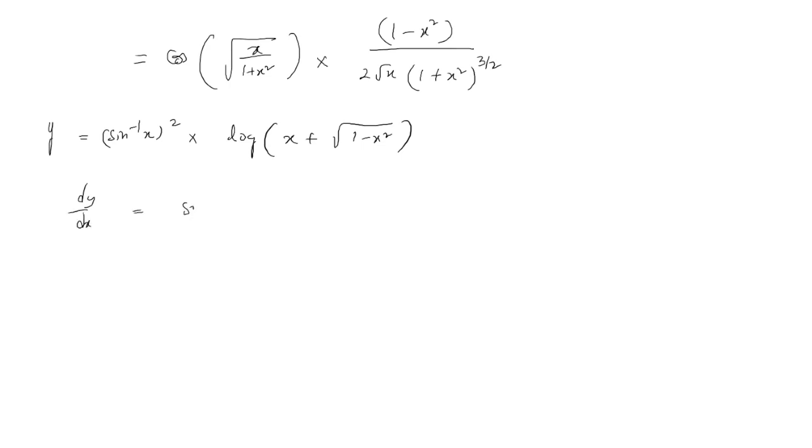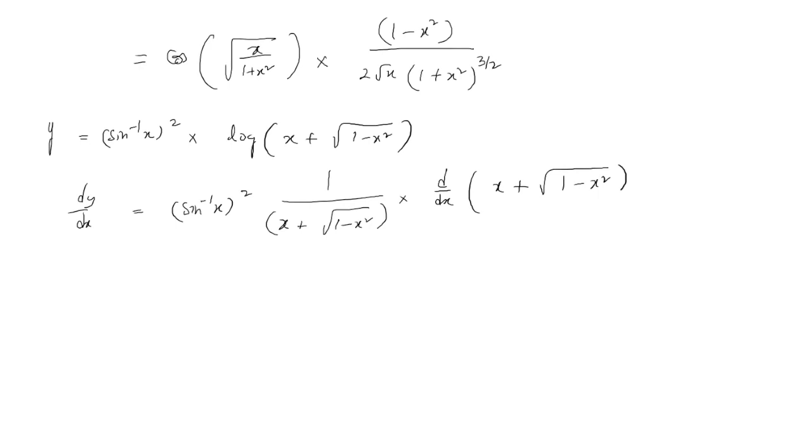Okay, so this is dy by dx: (sine inverse x) whole square, and differentiation of log is 1 divided by (x plus square root of 1 minus x square), multiplied d by dx of (x plus square root of 1 minus x square).